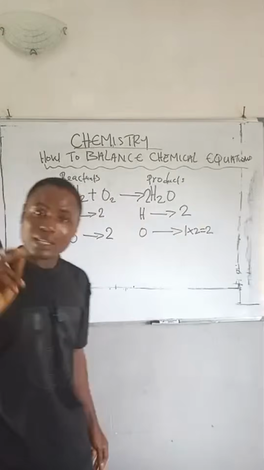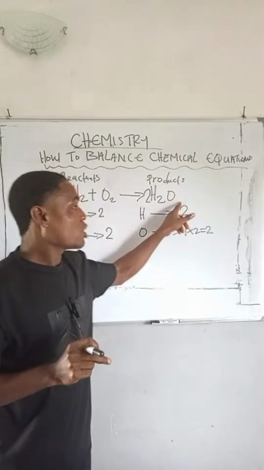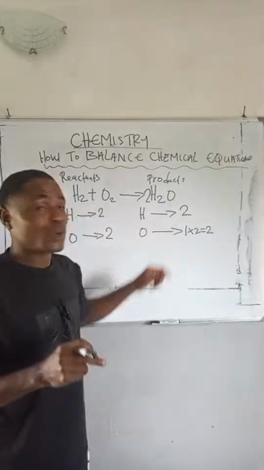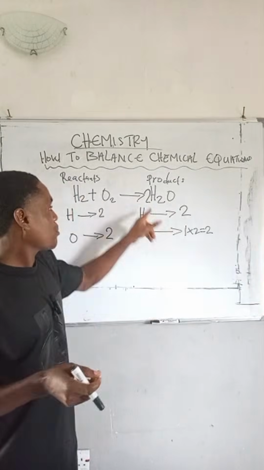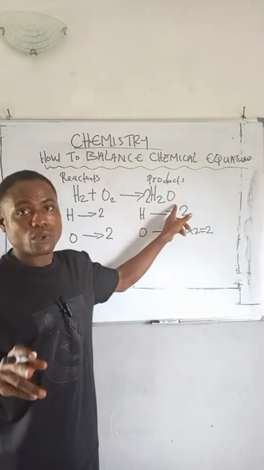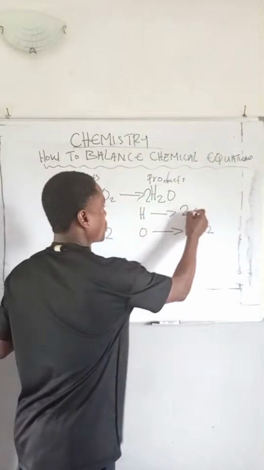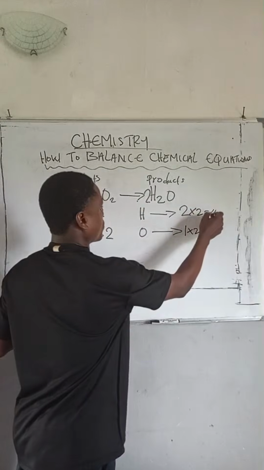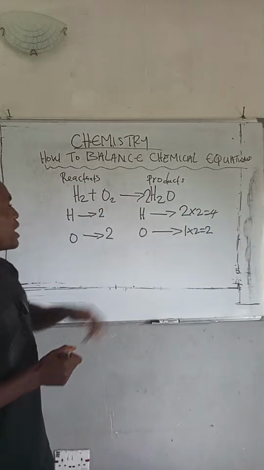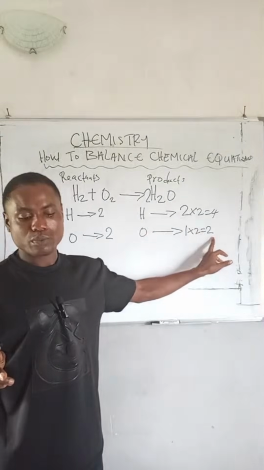But what you should understand, I told you something. I said this number is affecting everything. So meaning that hydrogen here is no longer 2, isn't it? Because this coefficient is affecting everything. Okay. So meaning that 2 times 2 here to give us what? 4. So hydrogen here is now 4, oxygen is now what? 2.